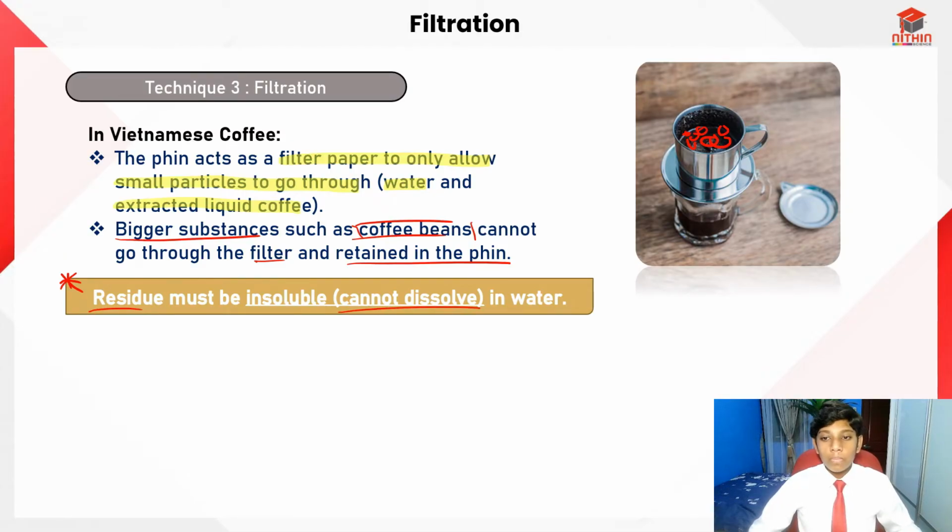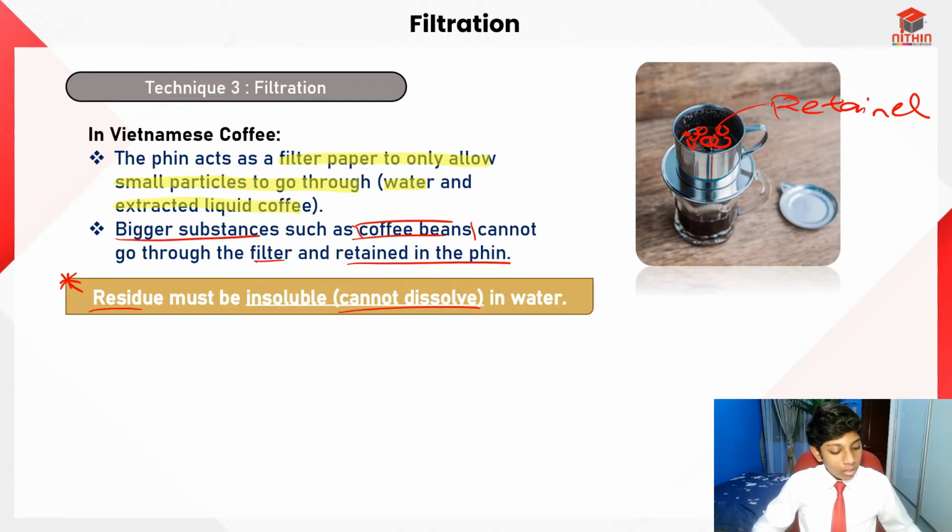So the coffee beans cannot dissolve in water. If these coffee beans were soluble, they would dissolve in the water and come out in the coffee itself. So there will be nothing retained.